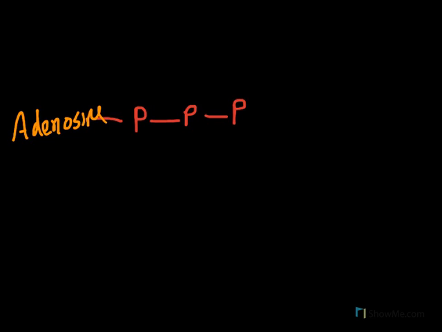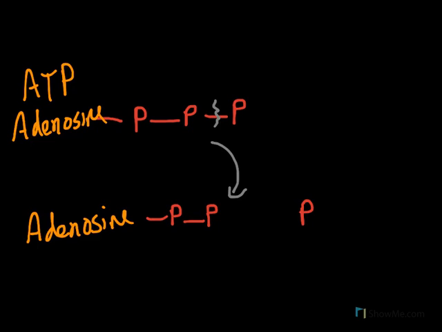So what happens when a cell needs some energy? Well, we start with this adenosine triphosphate, this ATP, and it breaks off, like I said, one of these bonds here. It breaks that phosphate off, and you're going to wind up with adenosine with two phosphates, and that's called ADP, or adenosine diphosphate.